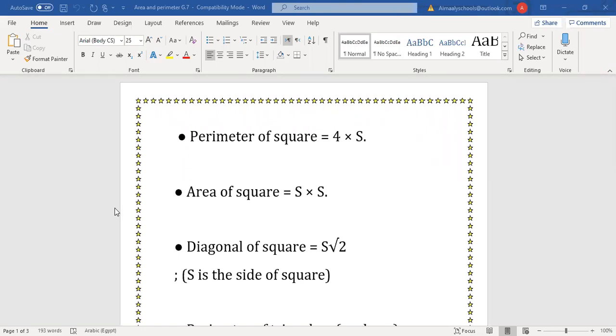And also we can use the other rule. The other rule is area of the kite equals, do you remember? Half multiply d1 multiply d2. Half multiply the length of the first diagonal, multiply the length of the second diagonal.